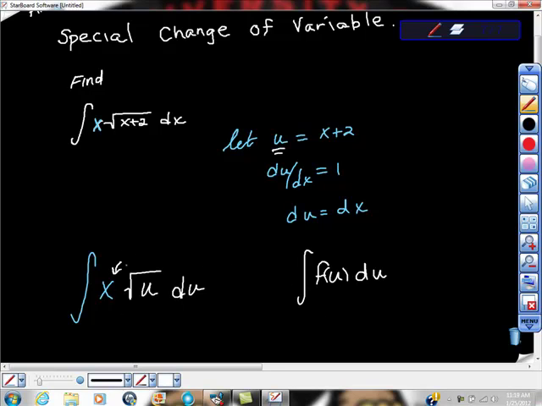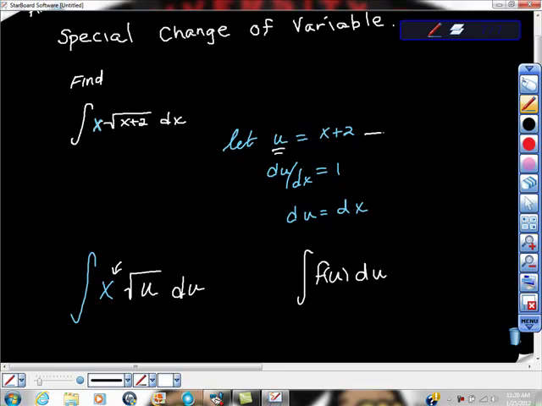Except for this. So what this is really supposed to remind us of is that we're supposed to look in and realize that the integrand contains a factor of x. So we also have to solve for x in terms of u. We have u and du here, that's good, but we have x here, and it's not a part of the derivative.